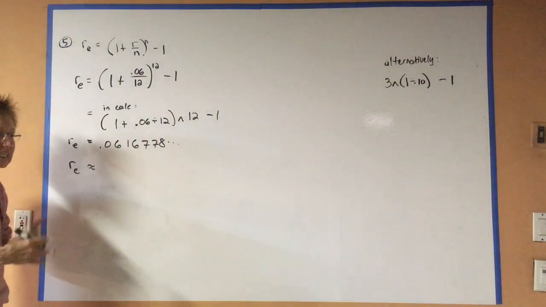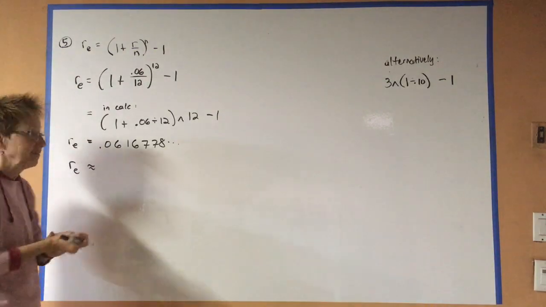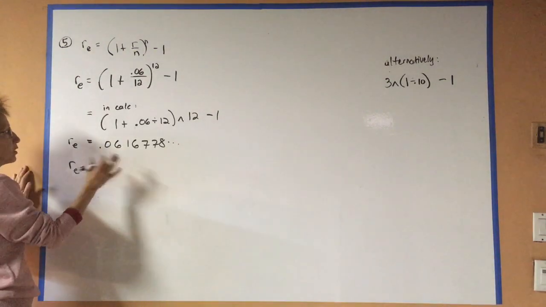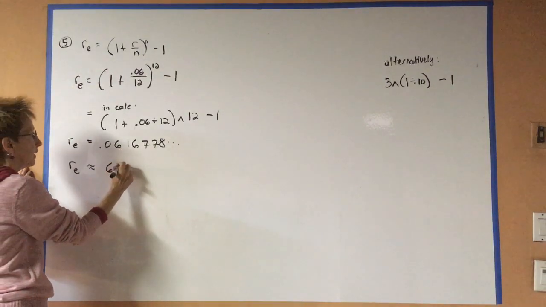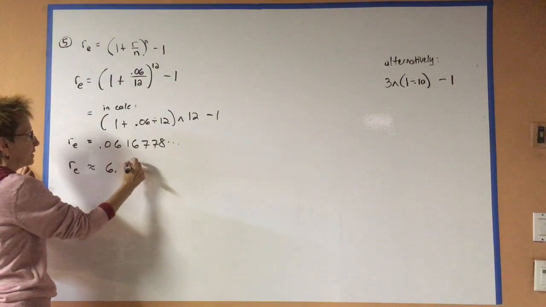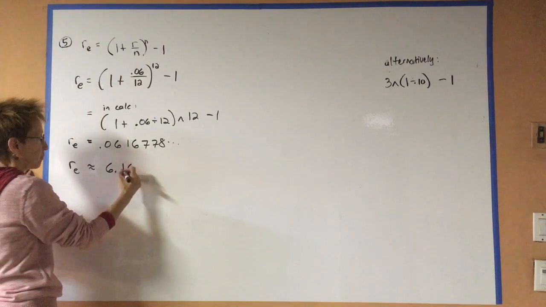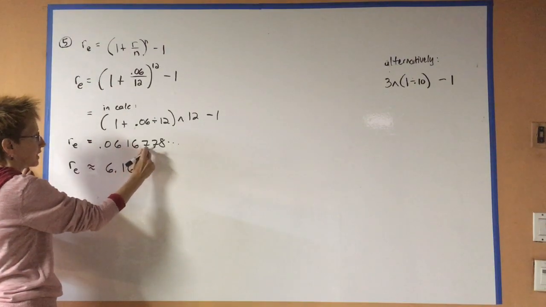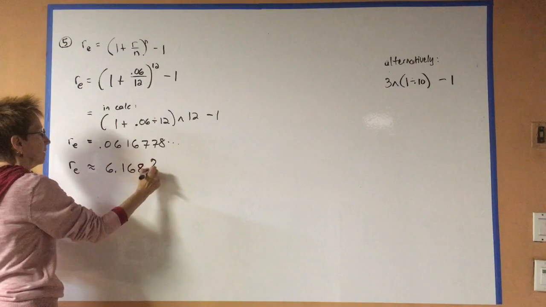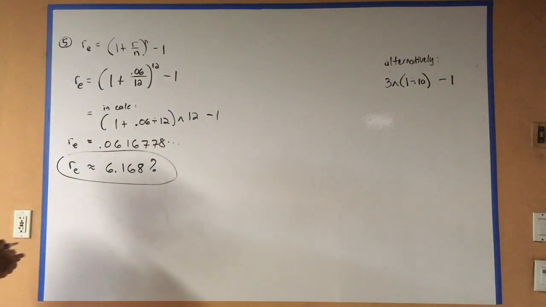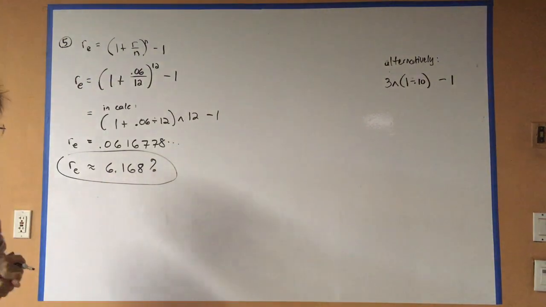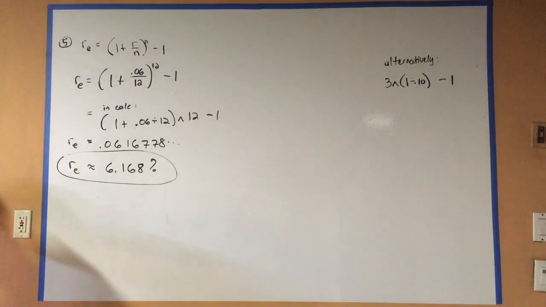So we have a slightly higher actual effective rate of interest going on here. So in terms of a percent, I would move this 2 places to the right, and I would have 6.16. Let's take it 3 decimal places, so 6.16 and that would round up to an 8. So my effective rate of interest there is approximately 6.168%.